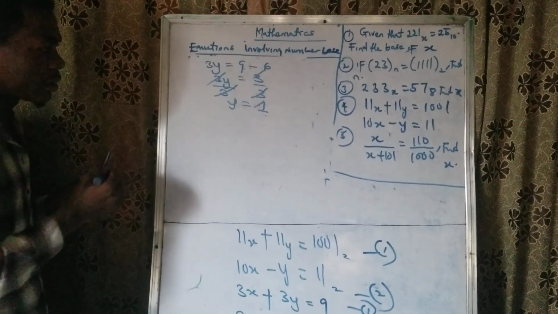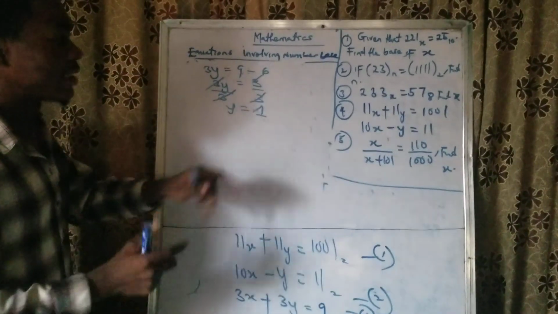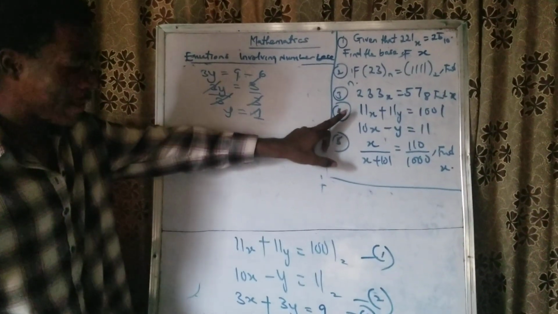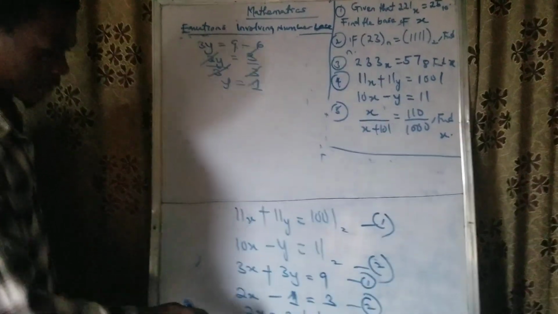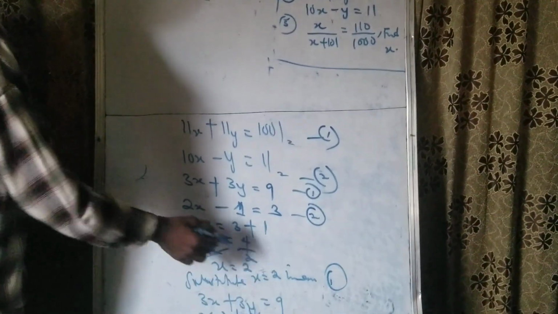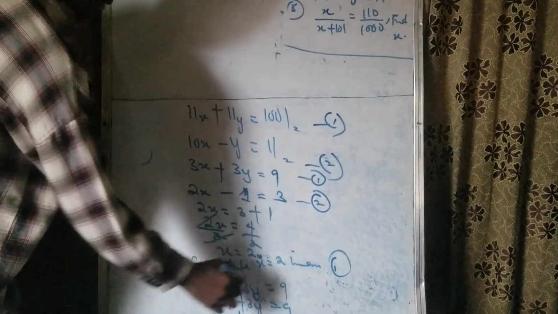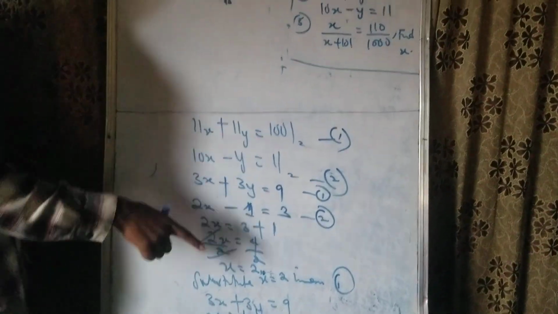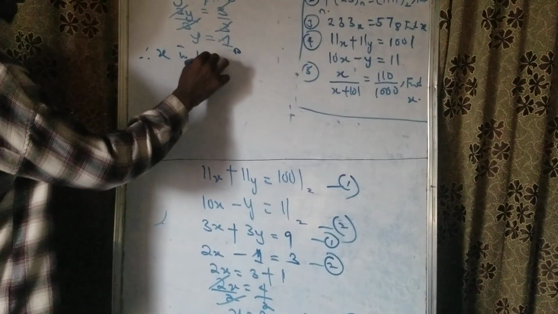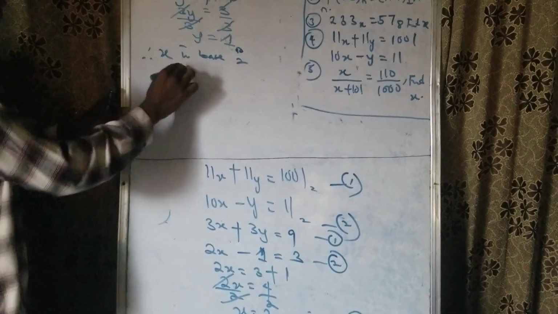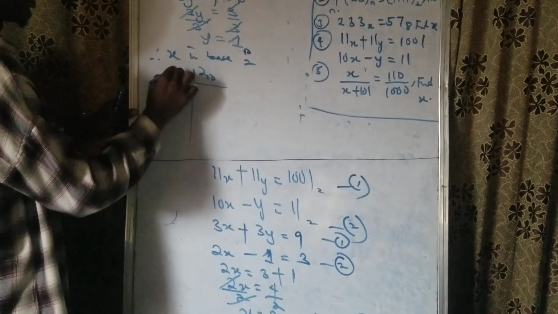These questions tell us that we should return our answer in base 2. So the first one, I will convert x equals to 2. This one is in base 10, don't forget, and this one is also in base 10. So I'll convert that to base 2. To get the value of my x in base 2, I will divide my 2 base 10 by 2.